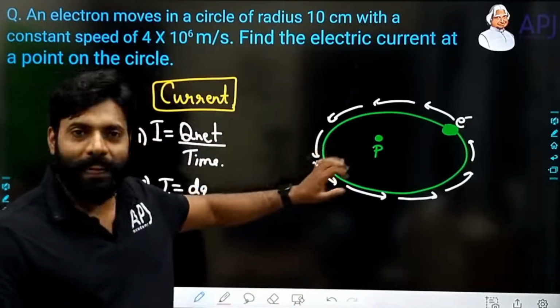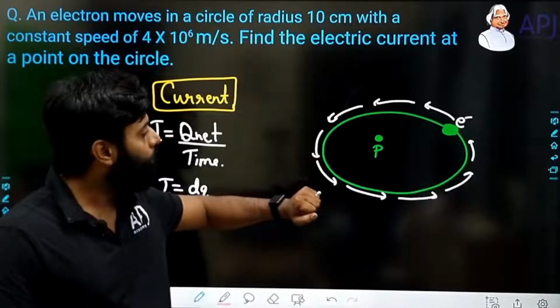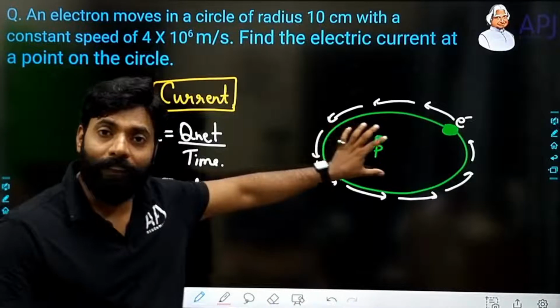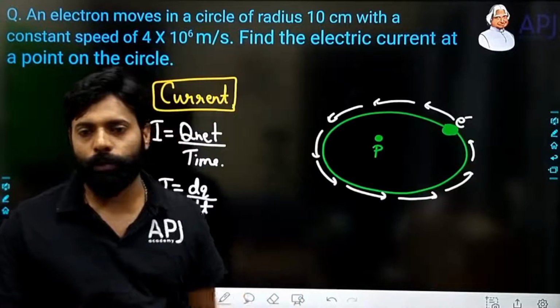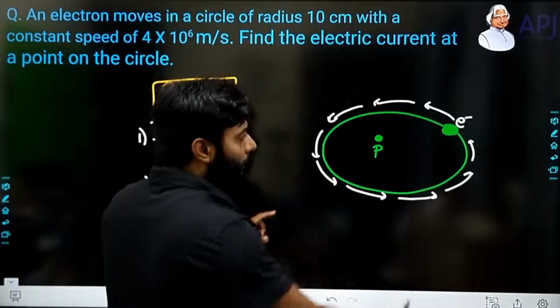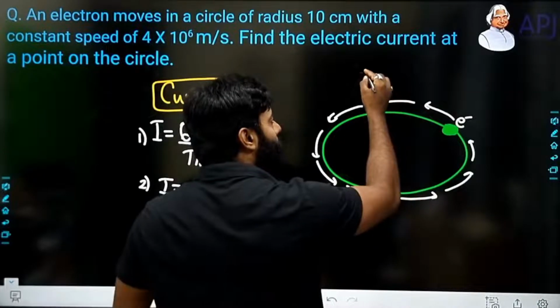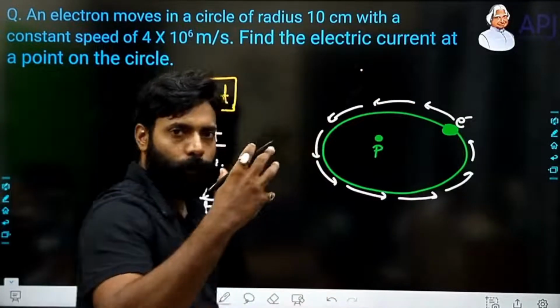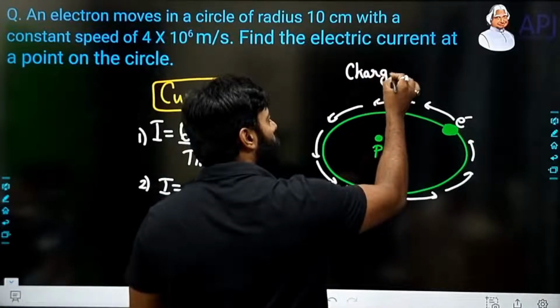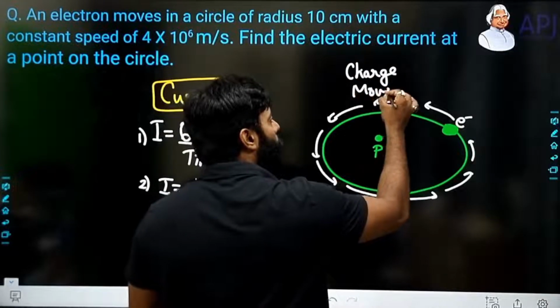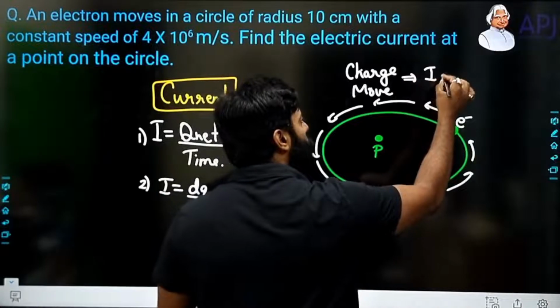So see here, we have a proton and we have an electron. There will be only protons and electrons in the case of hydrogen. This electron is moving, and we know that the electron carries charge. When charge is moving, we know that current will be produced.